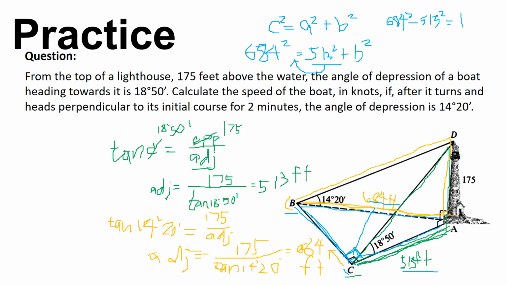That's equal to B squared. To get B, you square the answer of 684 squared minus 513 squared, and then get the square root of that. So the final answer, B, is equal to 453.6729 feet, or approximately 453 feet.